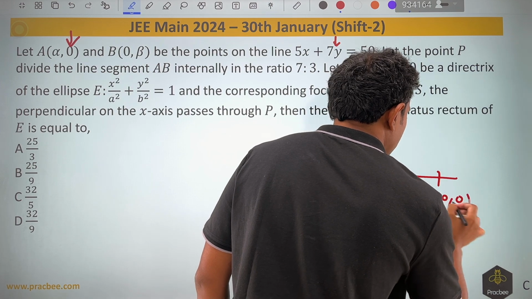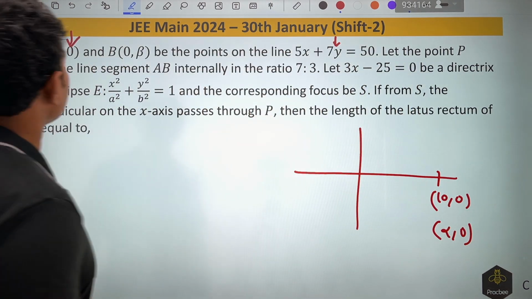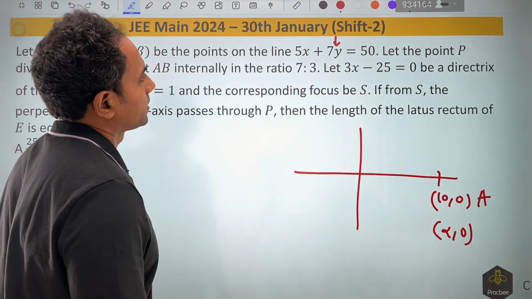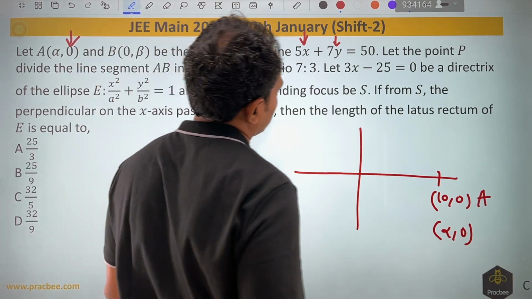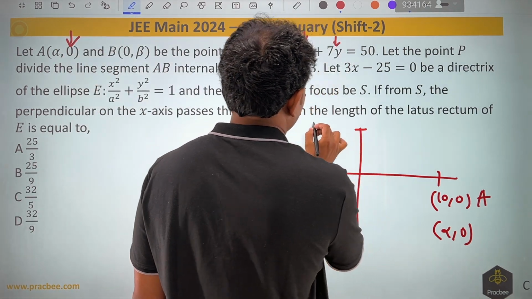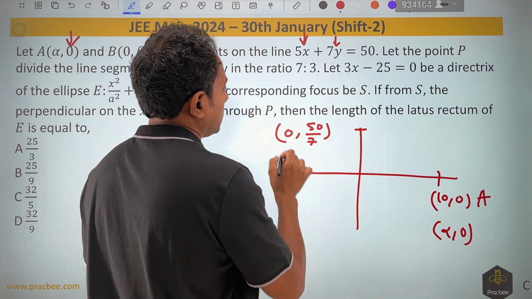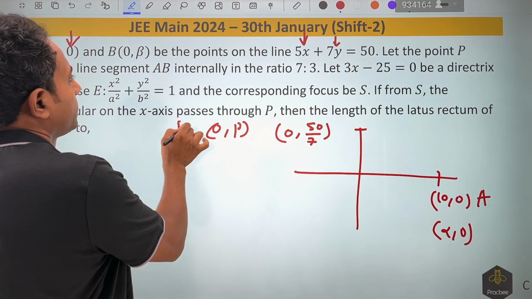So this is 10 comma 0, or alpha comma 0. Correspondingly, this is also my point A. And there is another point B that I can get by putting x equal to 0 here. That will be 50 by 7. It will be somewhere here. This is also 0 comma beta, and this is also my point B.